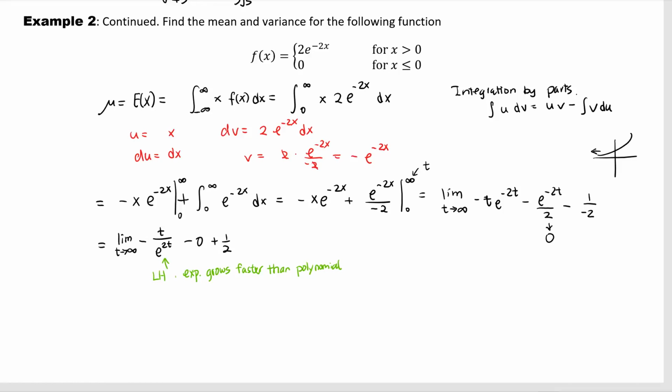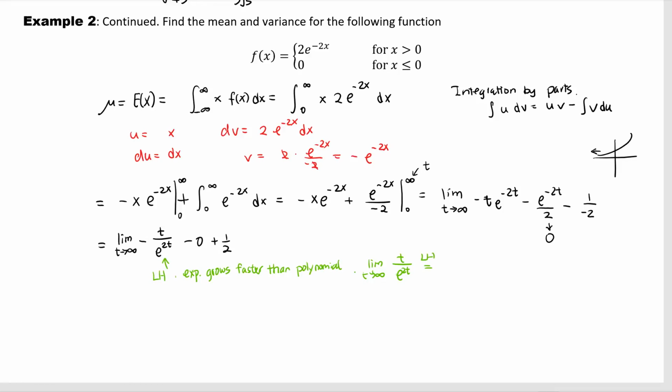If your denominator grows faster, then your fraction is just going to go to 0. Okay, so that's why this guy goes to 0. So the limit of t over e to the 2t actually goes to 0.